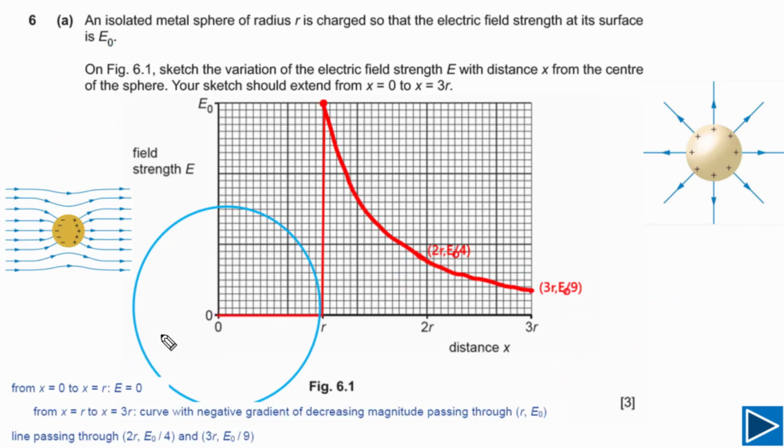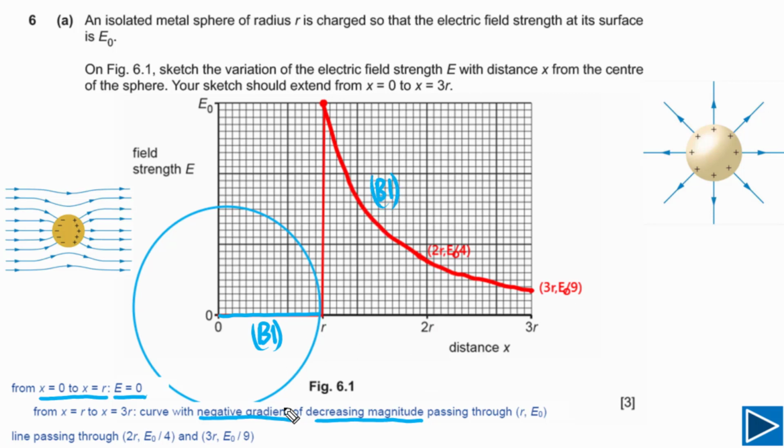Let me explain how marks are distributed for this question. If you have shown that from x equal to 0 to x equal to r the electric field is equal to 0, meaning you have drawn this horizontal line, you will get 1 mark, and this is a B1 mark. The second mark you will get if you have drawn a curve that has a negative gradient of decreasing magnitude, like this; you will get the second B mark.